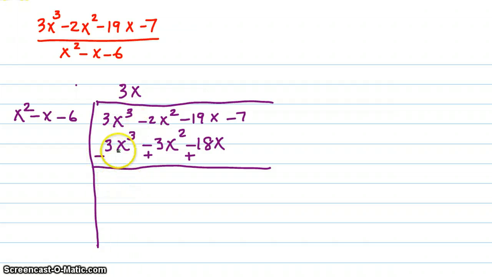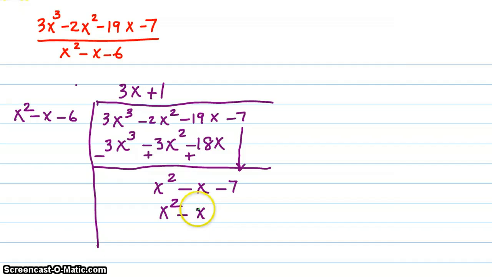So 3x cubed minus 3x cubed would be 0, minus 2x squared plus 3x squared would give me x squared, minus 19x plus 18x will give me negative x, and I can bring down the remaining term here, which is negative 7. x squared goes into x squared plus 1 times, so that's x squared minus x minus 6.